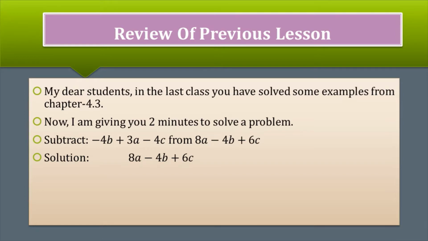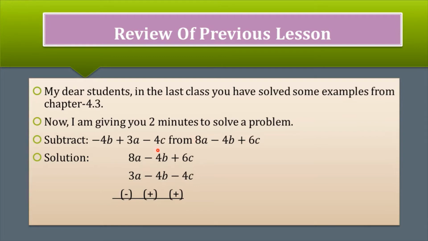Arranging the similar terms one below the other, we get like this: 8a minus 4b plus 6c and 3a minus 4b minus 4c. And in order to do subtraction, you have to change the sign, and you can see plus 3a would be minus 3a, minus 4b would be plus, and minus 4c would be plus.